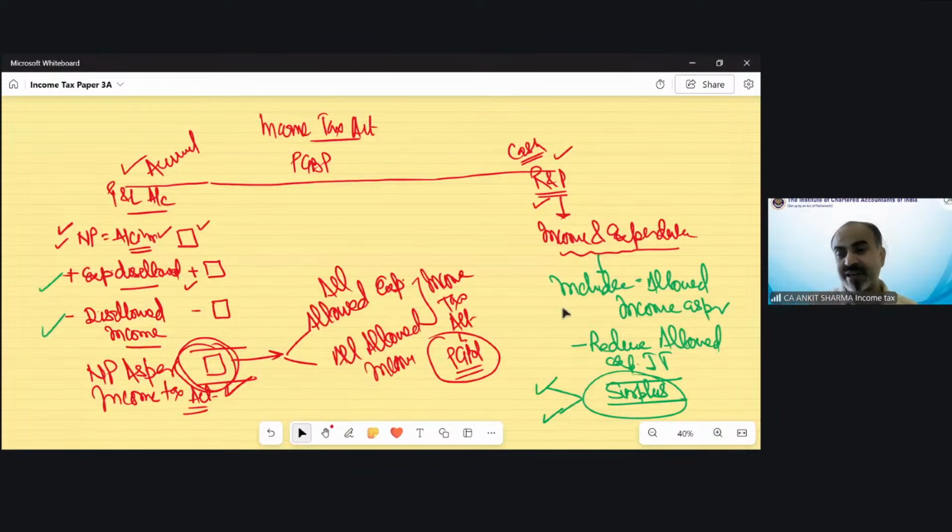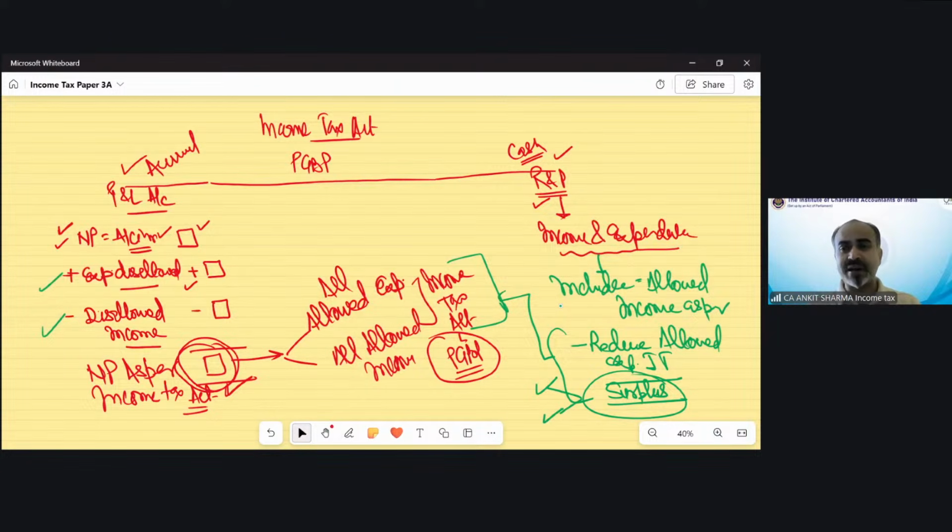So if you see closely, the answers are logically the same between both methods, but the procedure is different. In case of P&L, we remove disallowed expenditure and the effect of disallowed income. So what will remain? The allowable expenditure and allowable incomes. In the same way, in case of receipt and payment, we only take those allowed income and allowed expenditure.